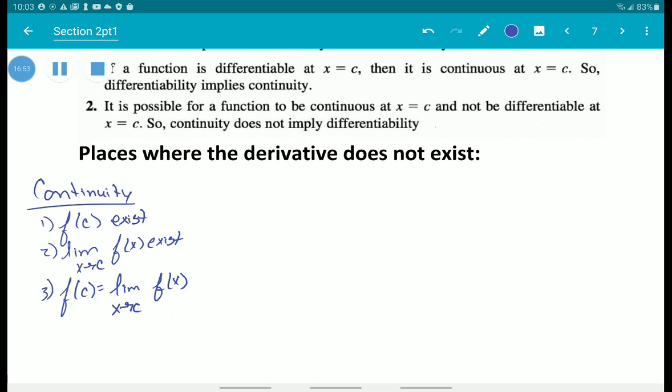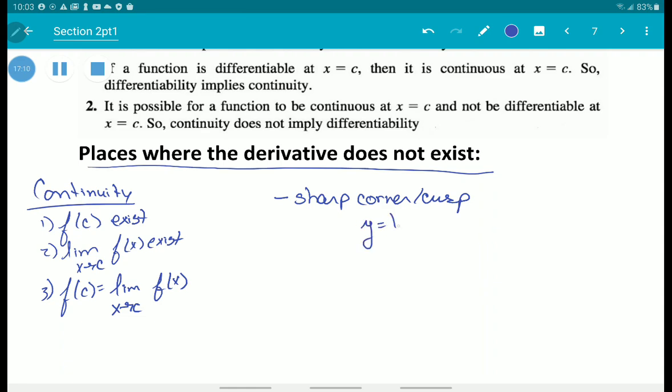So what are those places? Places where the derivative does not exist. Anytime we have a sharp corner or a cusp, the derivative is not going to exist. A good example is the absolute value of x. We know that the absolute value of x looks like this.